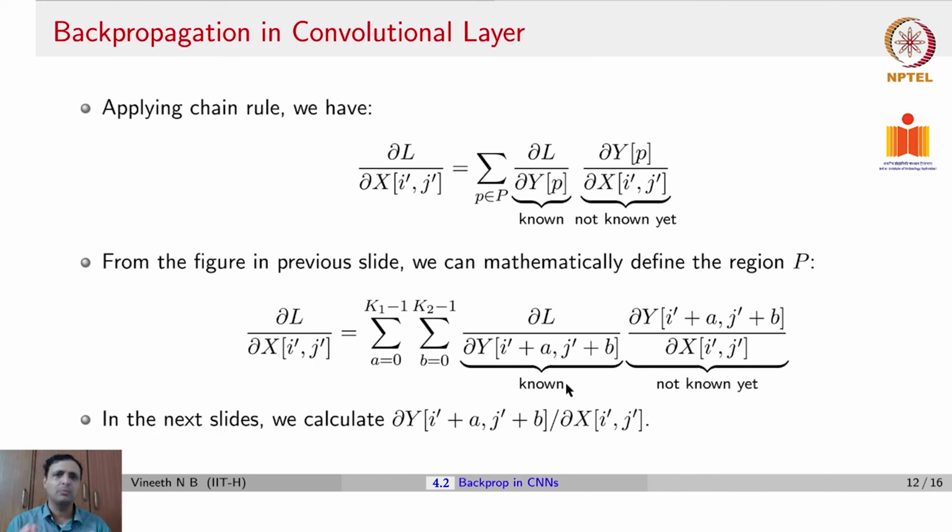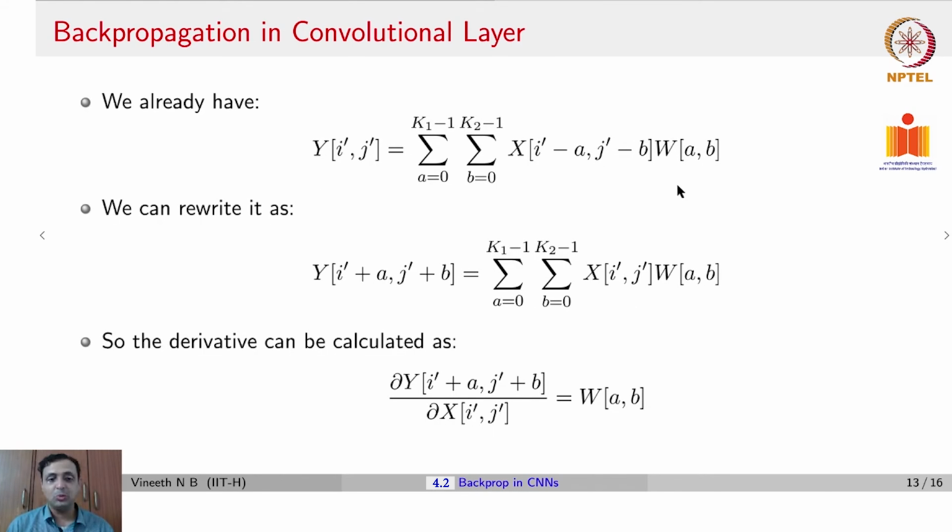We are only worried about how to compute the backprop across a single convolutional layer. If there were more convolutional layers, the same procedure would be applied iteratively. But the second quantity here, ∂Y at (i' + a, j' + b) with respect to X at (i', j'), is currently not known to us. Let's try to compute this on the next slide.